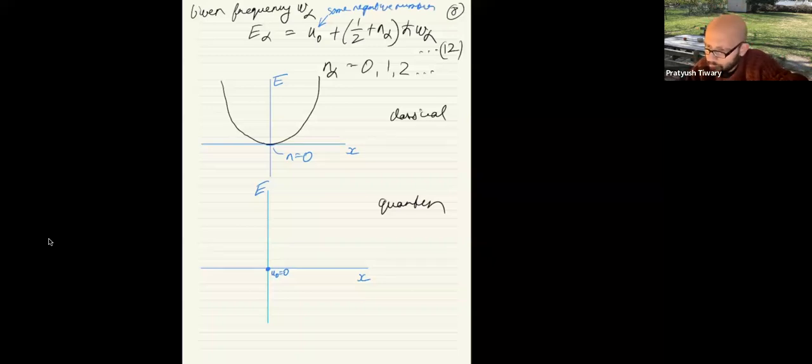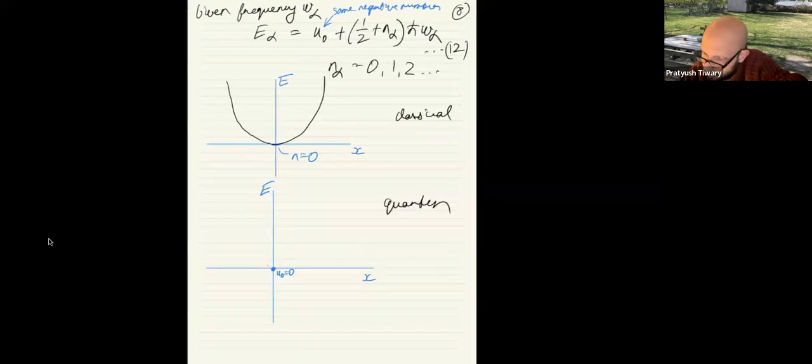So now this is your ground state. Your next state is not going to be any continuum like this, like you did for the classical harmonic case. No, that's not allowed. Your ground state will be up here at a level. The first excited state is going to be, so this is ground state. So the ground state is actually U naught plus h cut omega by 2. And we are talking about an oscillator with frequency omega alpha.